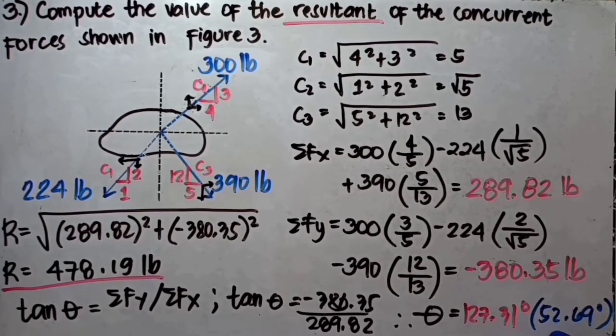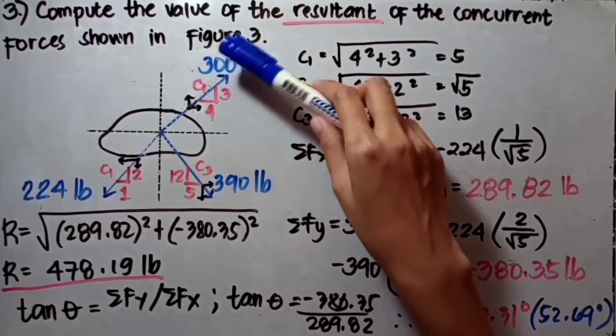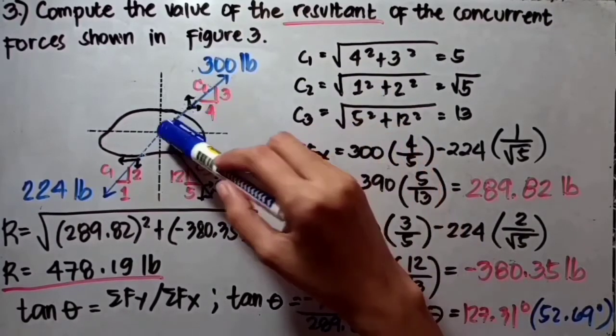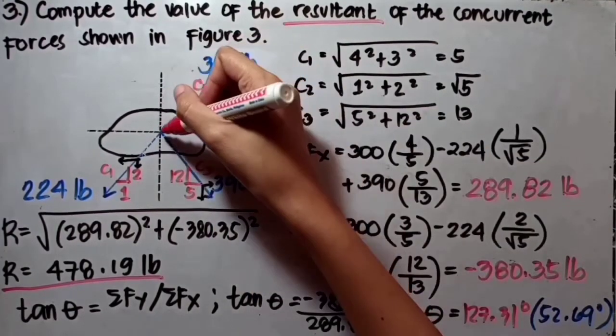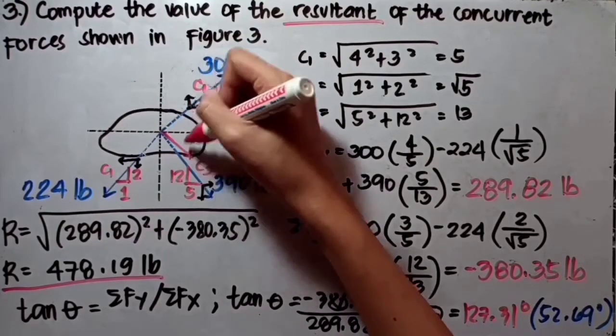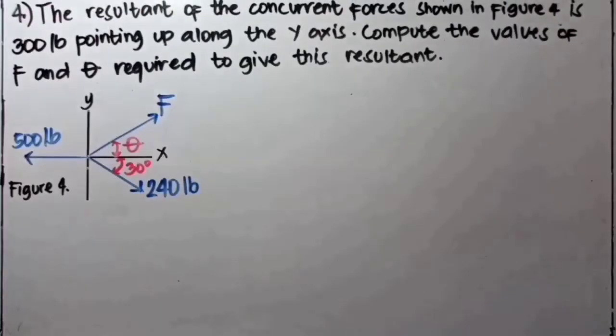Since ang answer natin ay positive, so nasa right ang resultant natin, and down to the right here, sa baba. So, the resultant can be found here, 52.69 degrees.